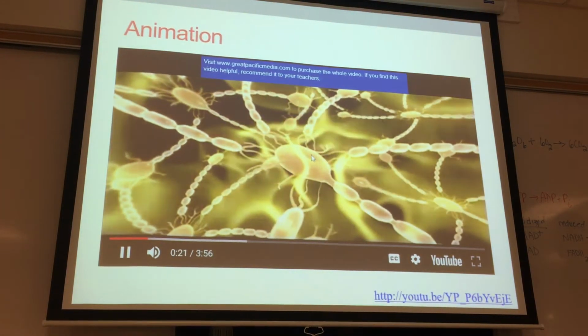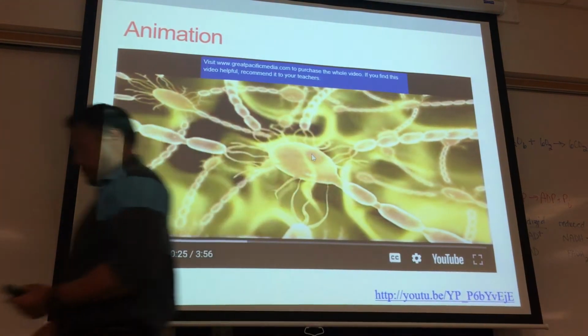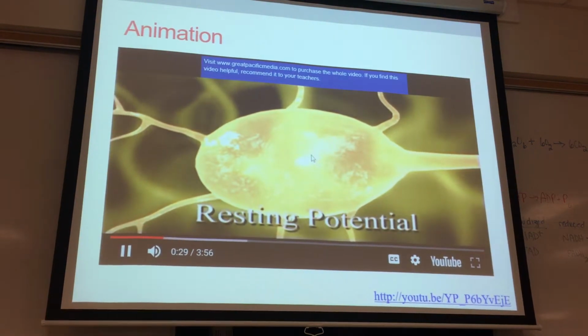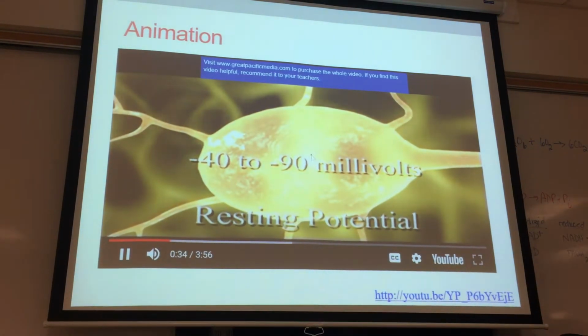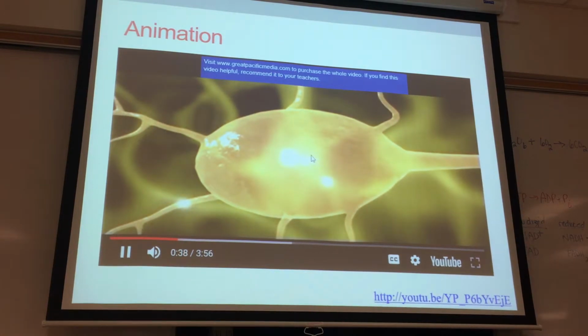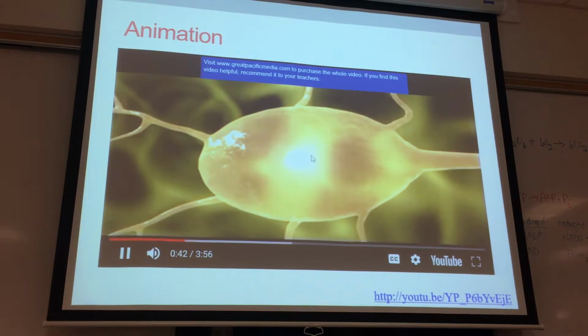Unstimulated, neurons maintain a constant electrical difference or potential across their cell membranes. This potential, called resting potential, is always negative inside the cell. It ranges from -40 to -90 millivolts. If a neuron is stimulated, the negative potential inside the neuron can be made either more or less negative depending on the stimulus.